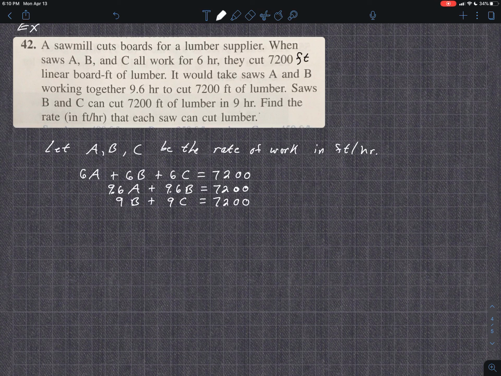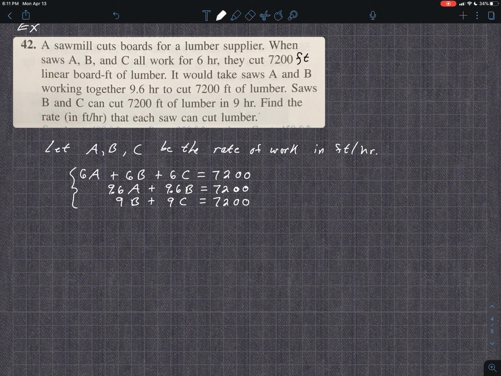And that would give you your 7,200. So what it equals is always going to be the same. It's just they're all working at different rates. It tells you how long they work for, each one working together or not. Okay, so that's your system that you want to solve.